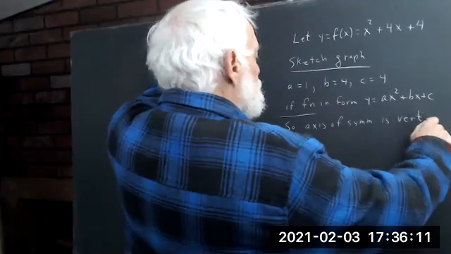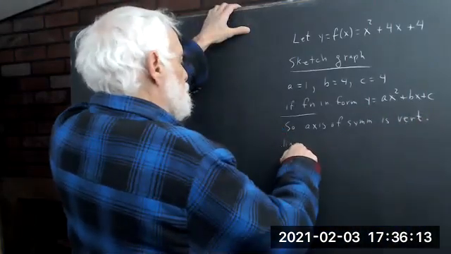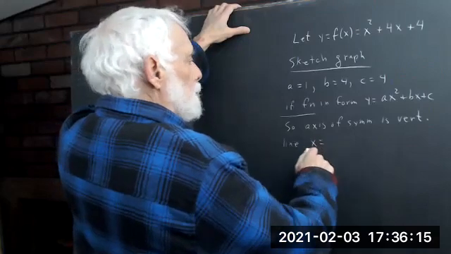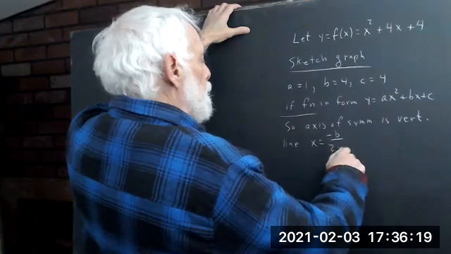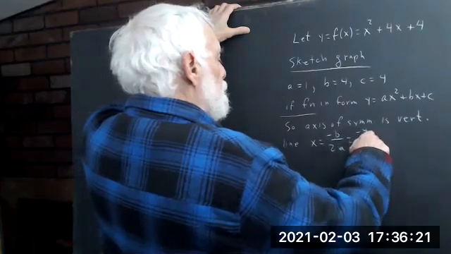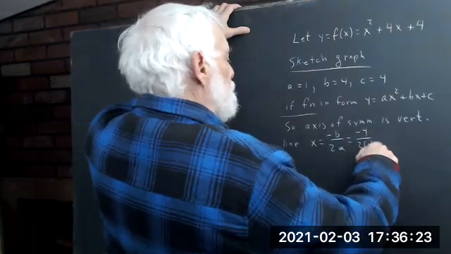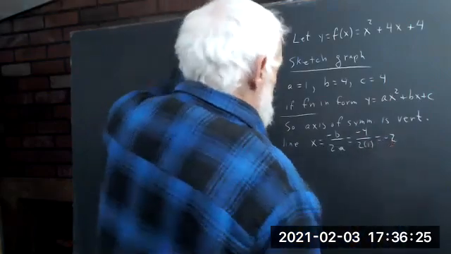The axis of symmetry is a vertical line, x equals negative b over 2a. Well, that'll be negative 4 over 2 times 1, which is negative 2.